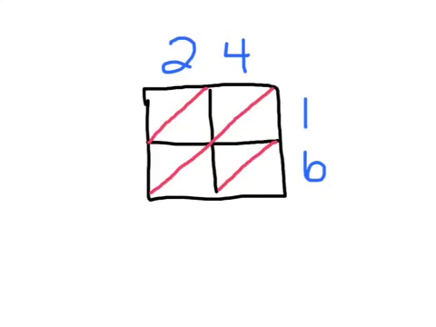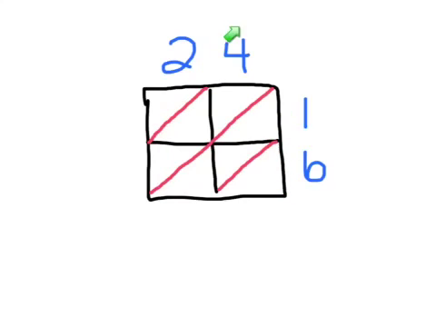In this first method, called the lattice method, we've created a grid and put our 24 and our 16 on the outside of the grid, each with its own row or column. The first step we need to do is multiply each digit up here with each digit down here and enter our answers inside the box.